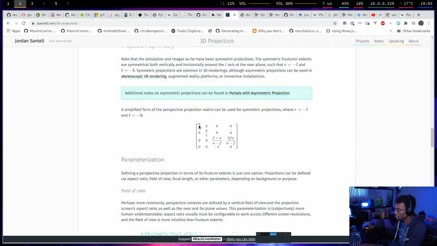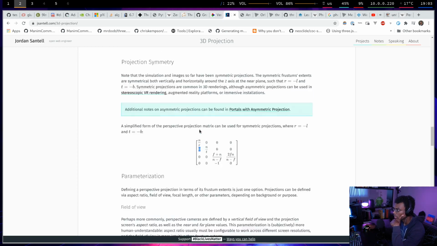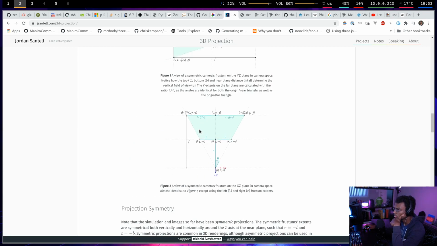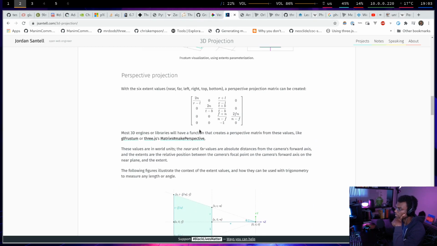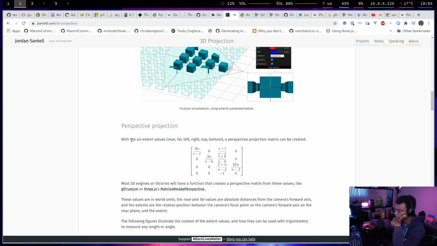So there's the formula, but I think there's a near, a far, near. What is R? Oh, I think I remember this. One of them is going to be the field of view in like degrees. Near, far, left, right, top, bottom.